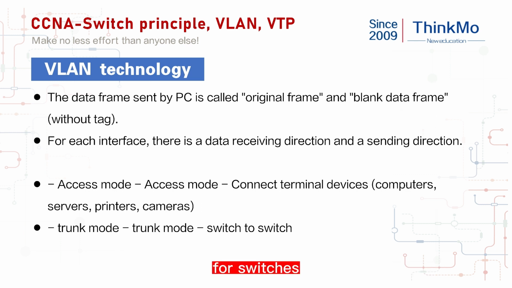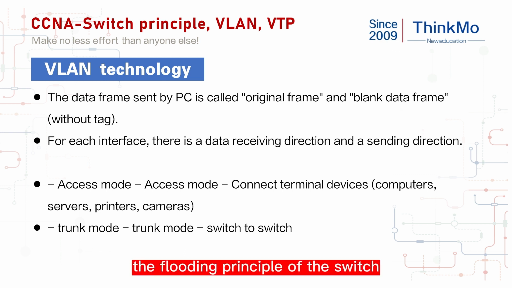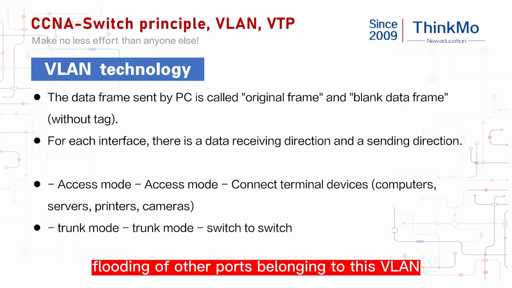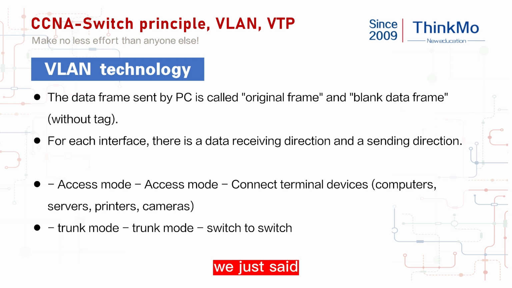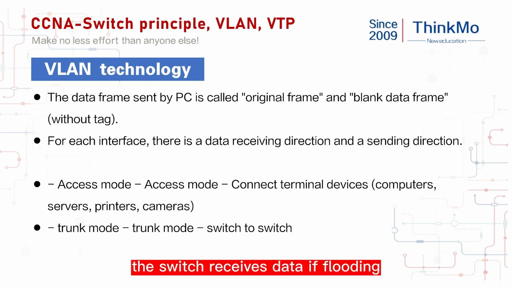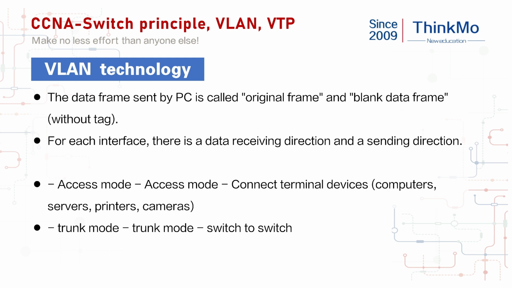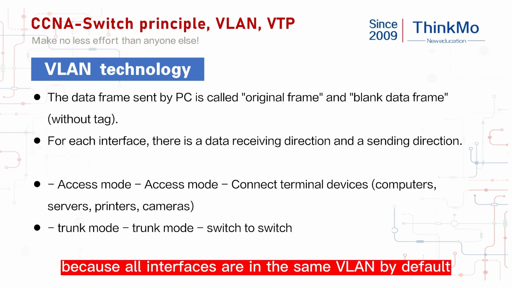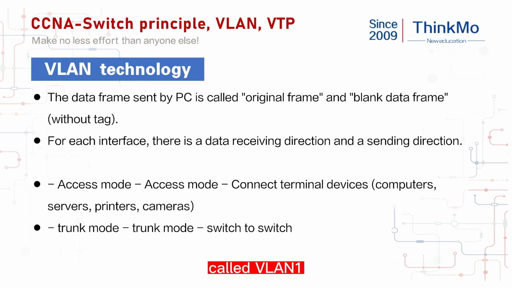For switches, the switch will be flooding. The flooding principle of the switch is to flood all ports except the receiving port, that belong to this VLAN. We just said, if the switch receives data it floods, then it is all interface flooding, because all interfaces are in the same VLAN by default, called VLAN 1.